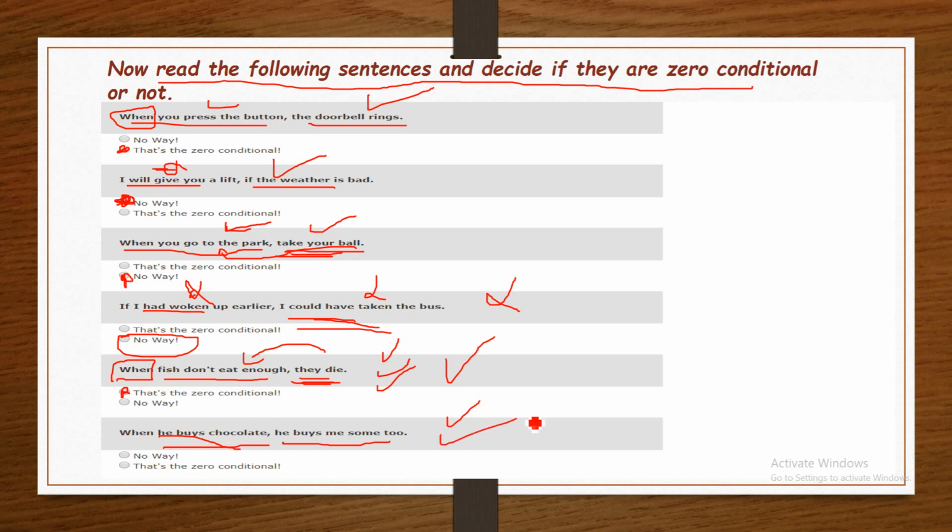When is replaced by if. But the main clause is not a result of the if clause. Therefore, it is not zero conditional.